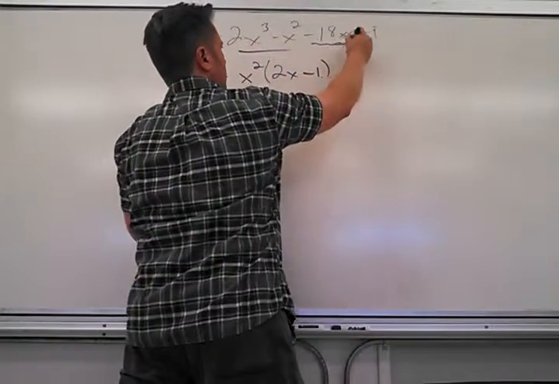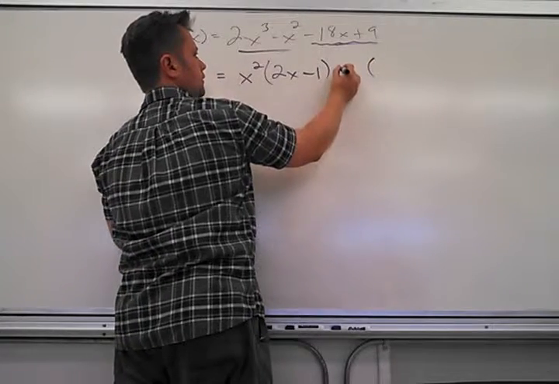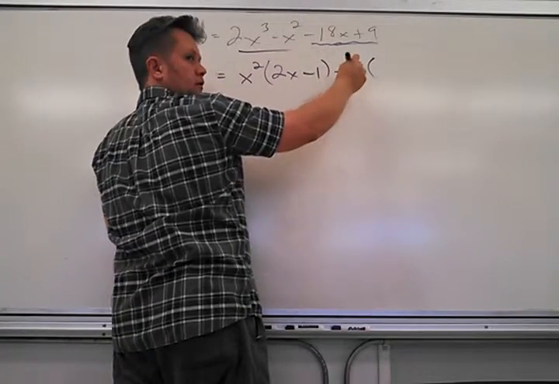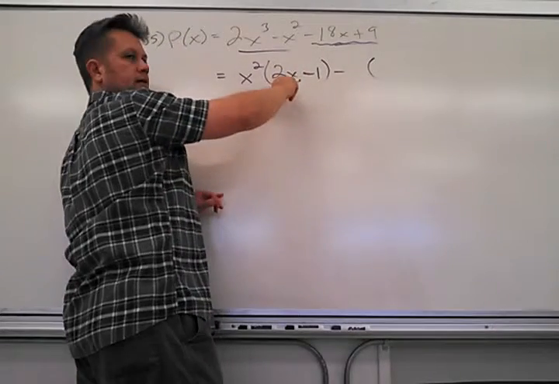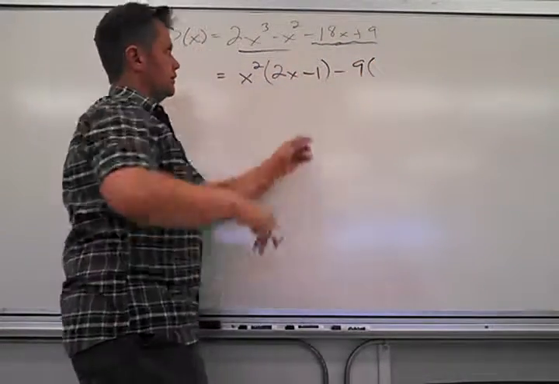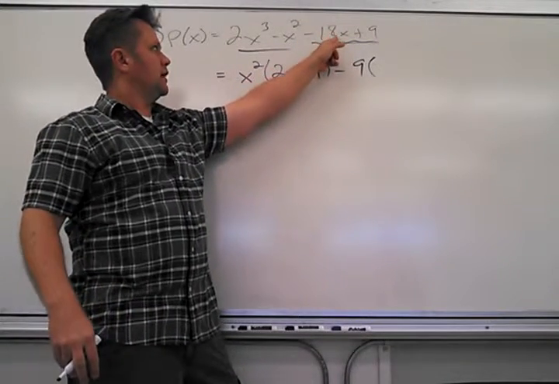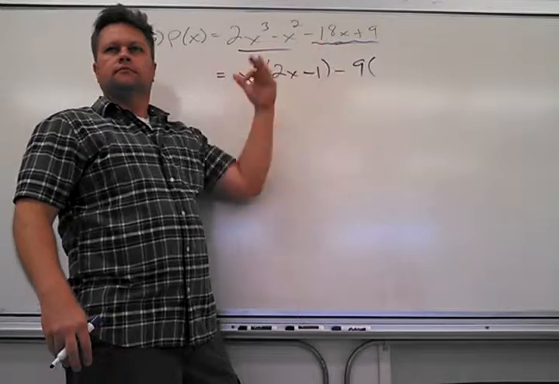Now, what do you do over here? Yeah, you have to take out a negative to make this become positive like it's supposed to be, right? And you have to take out a 9 because, well, 2 reasons. That's the only thing that'll come out, but also because 18x divided by 9 gives you 2x.